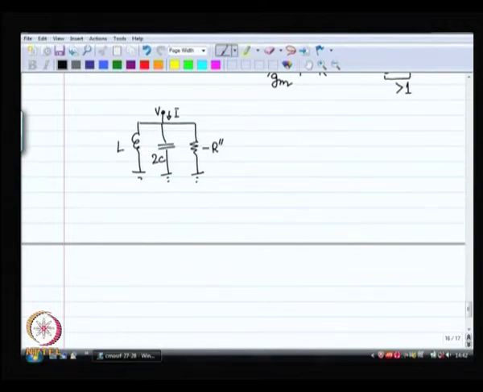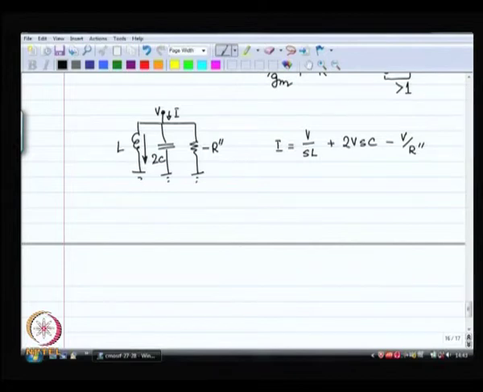So, this is clearly V by j omega L. Let us not use j omega, I am going to use S. All right.